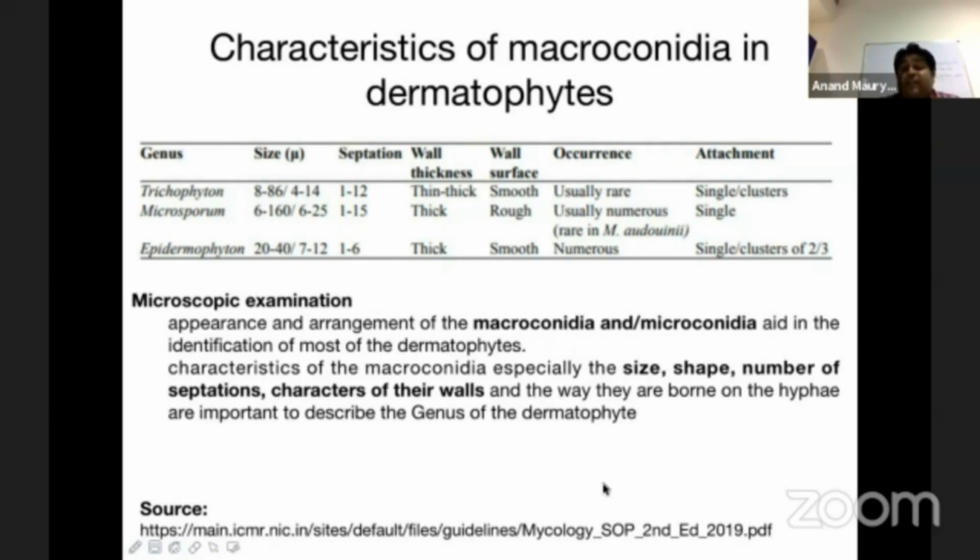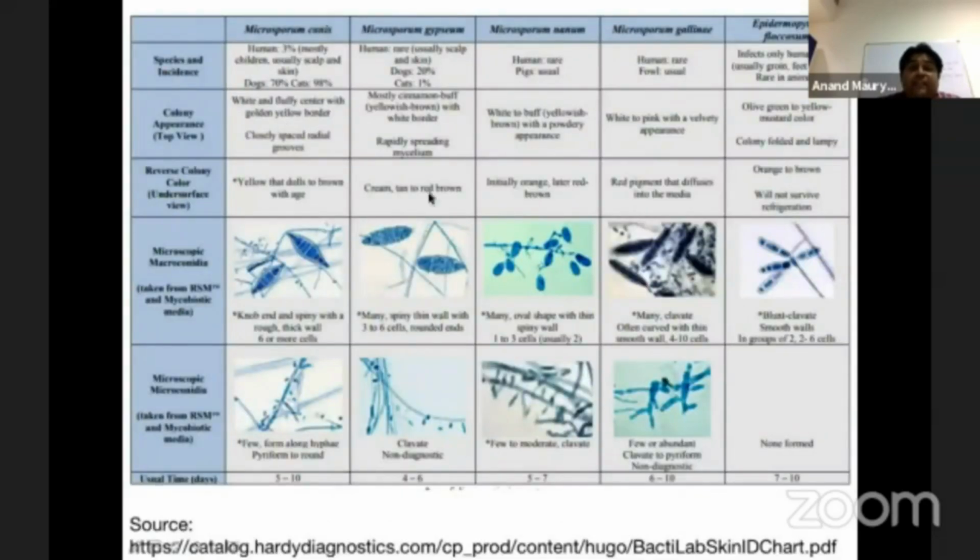And you will also see the characterization of the macroconidia: size, shape, number, septation, and characters of their walls are very important in the identification of the dermatophytes. So in this, you can see there is Microsporum canis, there is Microsporum gypseum.